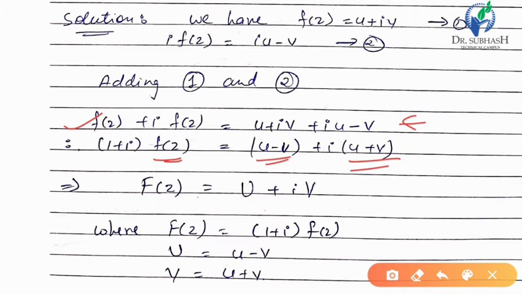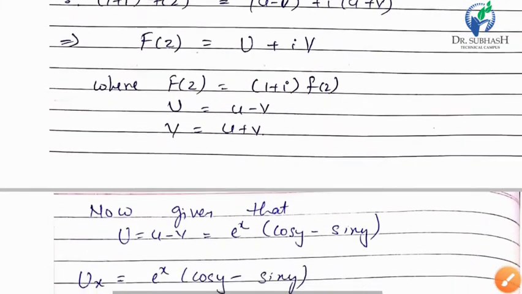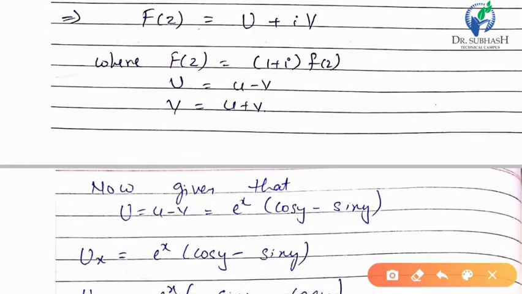Now I will assume this whole portion of LHS as capital F of z. u minus v I will assume as capital U, and u plus v I will assume as capital V. Okay. So now our final function, we can take it as capital F of z equal to capital U plus i capital V.